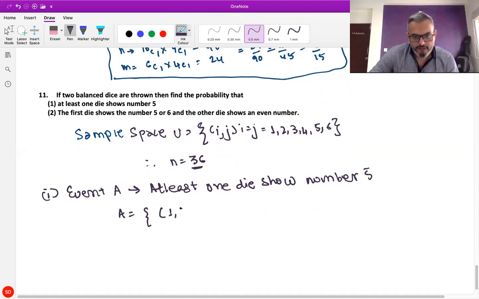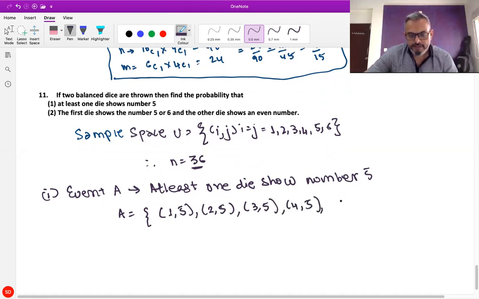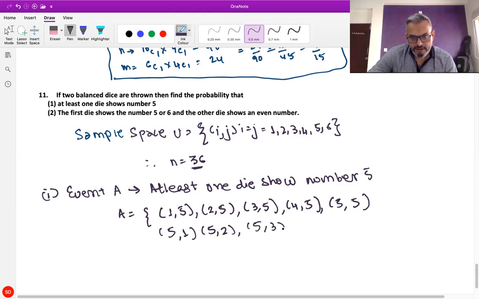So we go with 1 5, then 2 5, then 3 5, then 4 5, then 5 5, then 5 1, then 5 2, then 5 3, then 5 4, then 5 5 तो ऑलरेडी कर दिया है हमने.